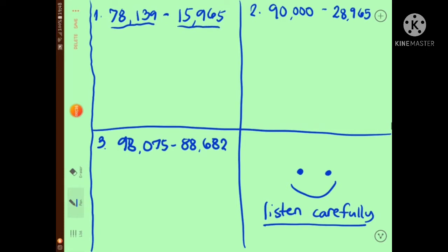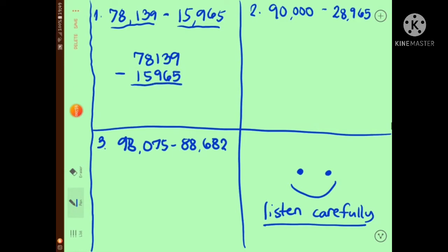Of course, first step is we need to line up those two numbers. We have here 78,139. Of course, you have the minus symbol or the subtraction symbol. And then our subtrahend, which is 15,965, and the equals symbol.